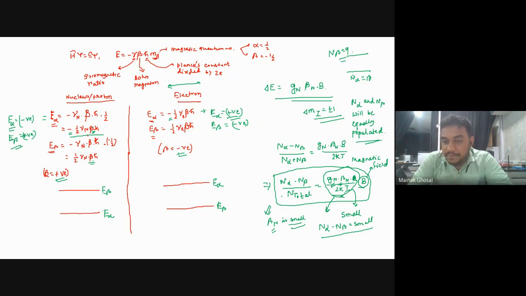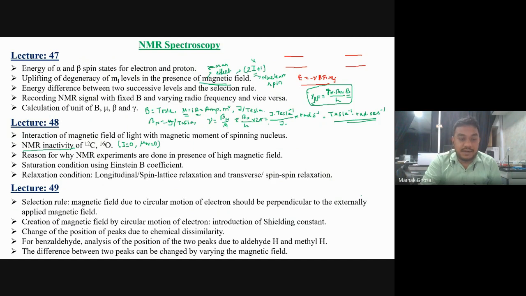If I increase B, this part will be sufficient, and the difference between alpha and beta states will be sufficient. That's why, in any NMR measurement, you can see there are 400 megahertz, 500 megahertz, different kinds of NMR equipment. The magnetic field needs to be high to create a population difference between two successive states. That's why all NMR experiments are done at very high magnetic field.